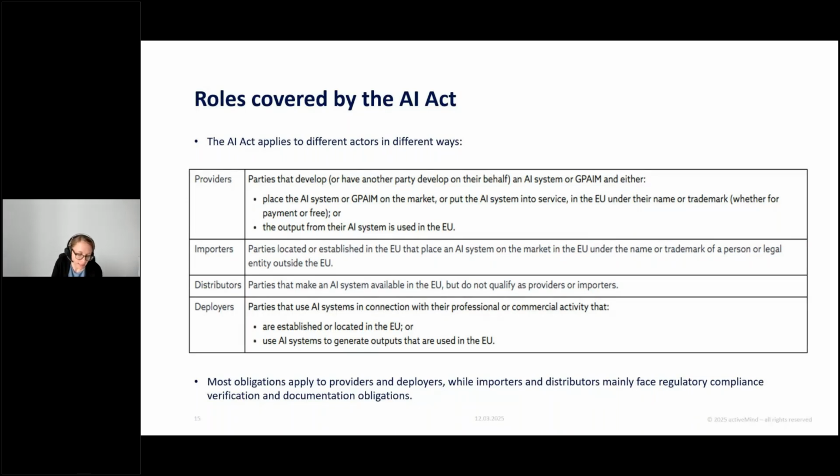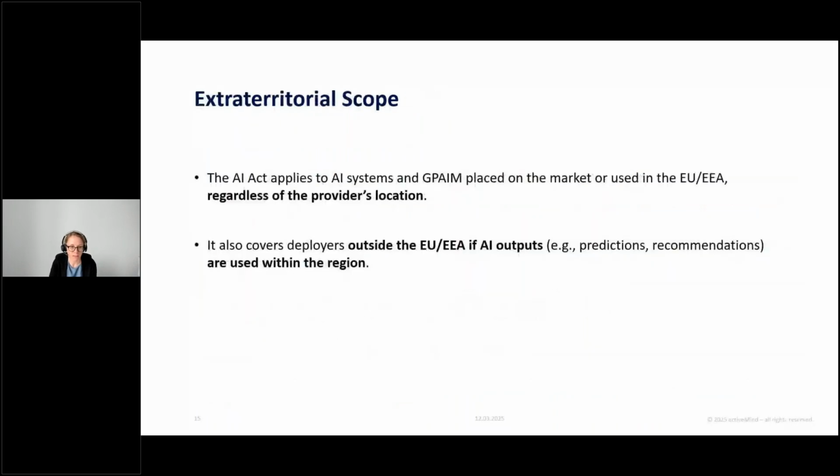We see on the next slide that, for example, a provider, so those parties who are developing AI systems and AI technologies, they need to apply the EU AI Act regardless of their location. So if you are a provider of an AI system or AI technology, you need to make sure that you fulfill the obligations of the EU AI Act.